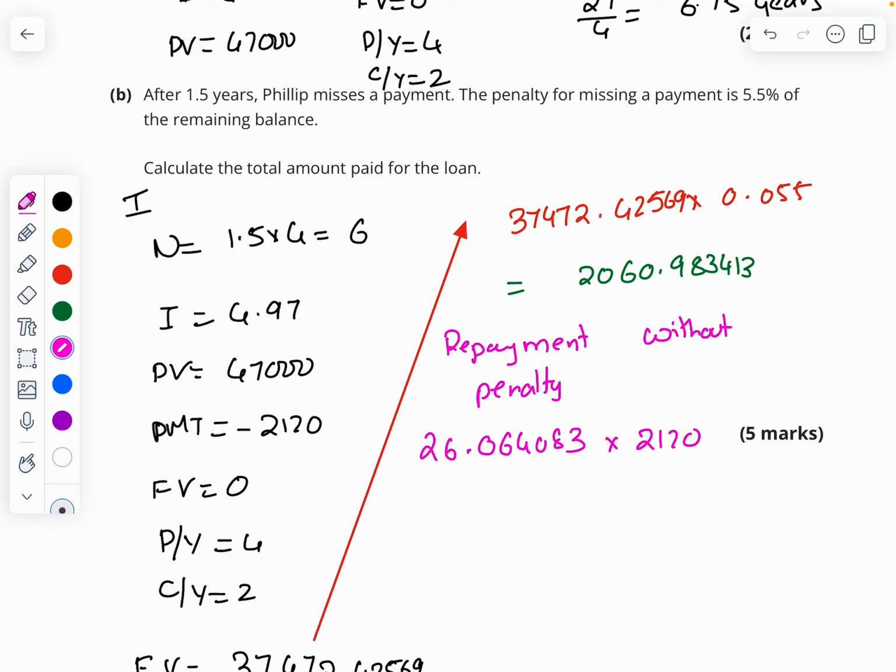Every quarter he's paying this much, which is going to be 55,255.856787. This is the repayment without penalty.